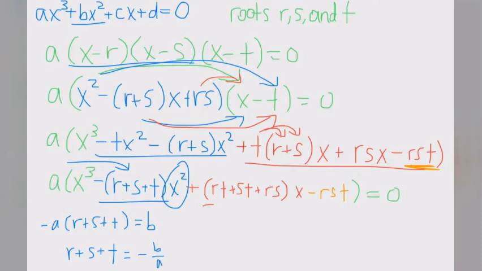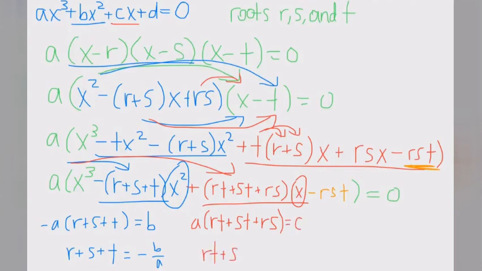Now, this red part, since it's just x with a degree of 1, that corresponds to c. Again, if we distribute the a, we get a times (rt plus st plus rs) equals c. So rt plus st plus rs equals c over a.